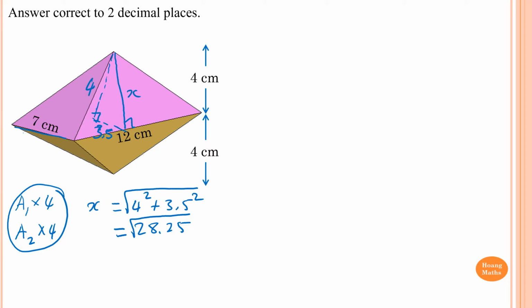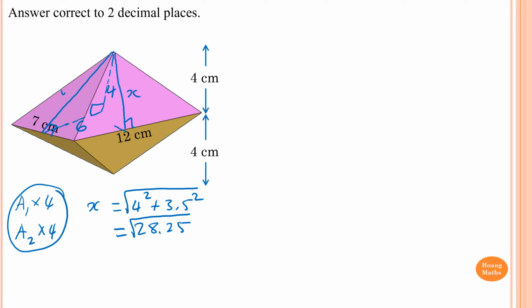Then now I just clear this first. Then I need to find the perpendicular height of this triangle here. So we just draw this first, like that. Now this is 4, and because all the way from here to here is 12, this must be half of 12, which is 6. So 6 centimeters.